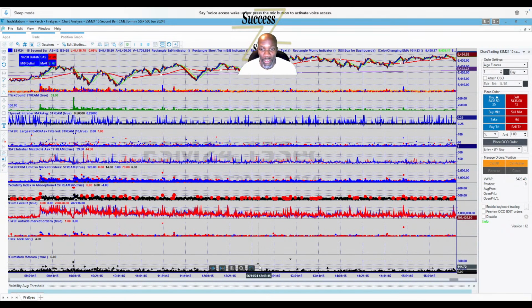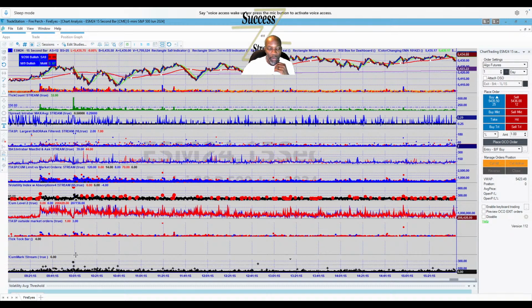You see these numbers, these values right here? These are market orders, right? The cumulative market orders. When the market is moving, you're hitting bids and asks with limit orders. But the orders that come in that are market orders, in between the bid and the ask, that's these guys right here.